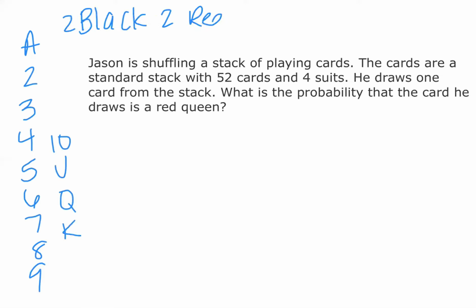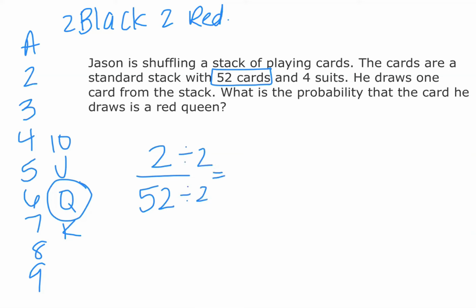That means that there are 2 red queens, okay? So my probability is 2 out of 52 cards to choose from. I'm going to simplify this. I divide it by 2, top and bottom, and I get 1 out.